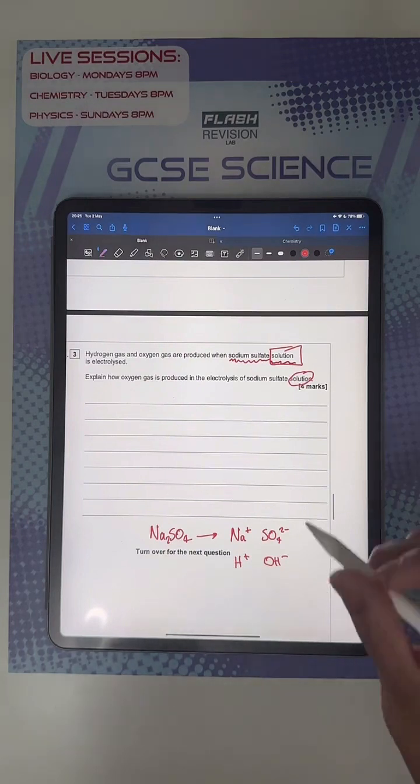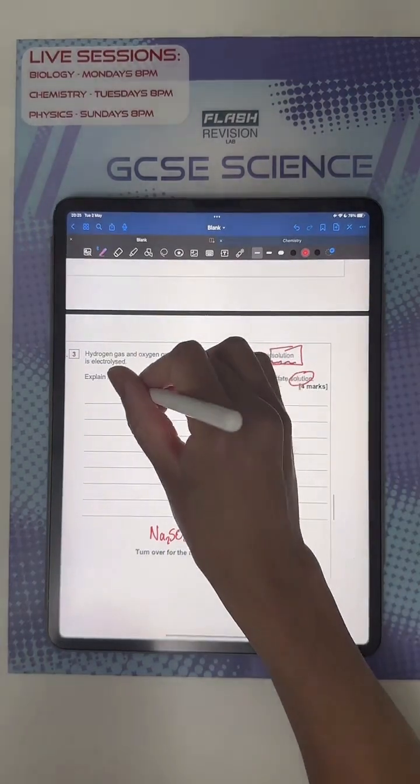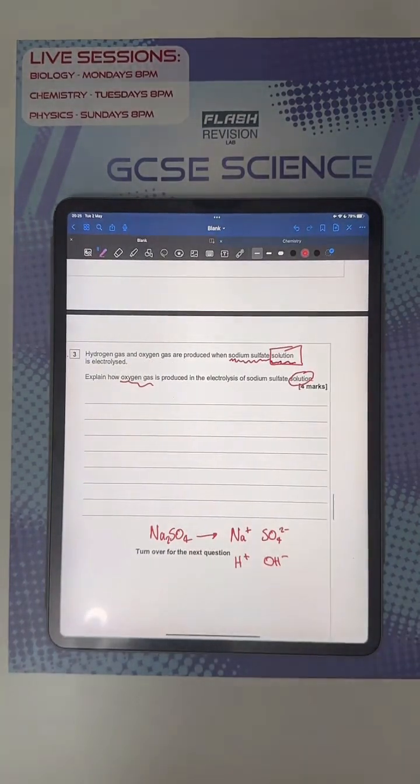So the question is asking how is oxygen gas produced? Where does that oxygen gas come from? What do you guys think? Yep, solution means aqueous. If they say solution, that's what should be in your head. It means aqueous, not molten.